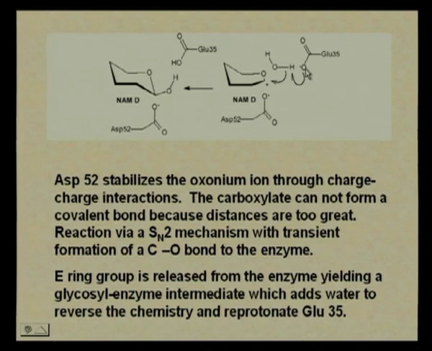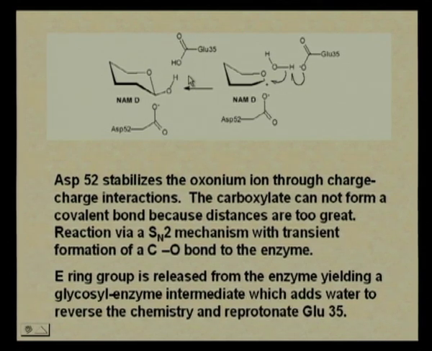So, now we have the O minus of glutamic acid 35 abstract an H from water. Then what do we have? We have OH minus. What does OH minus do? It goes to the oxonium, the plus charge that is here, and forms the sugar ring again. So, what do we have?